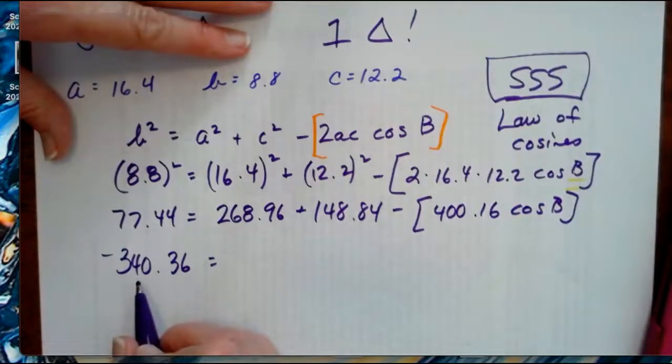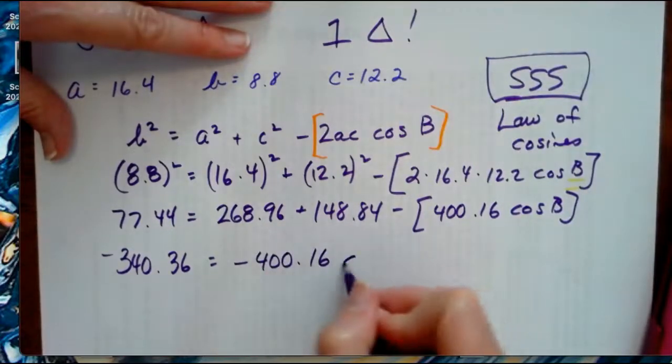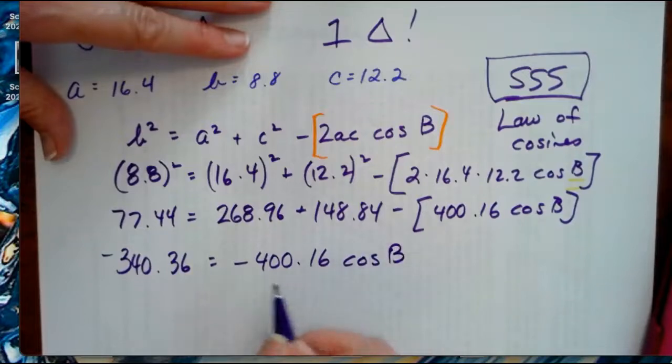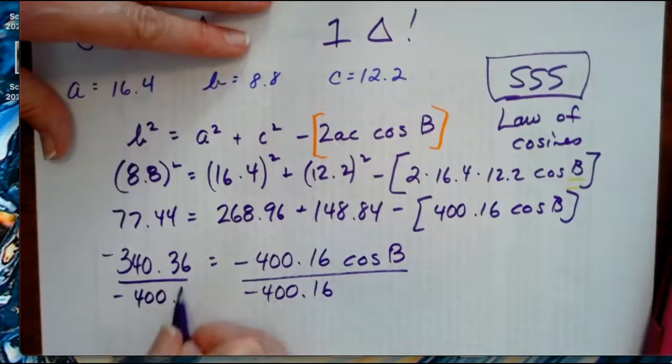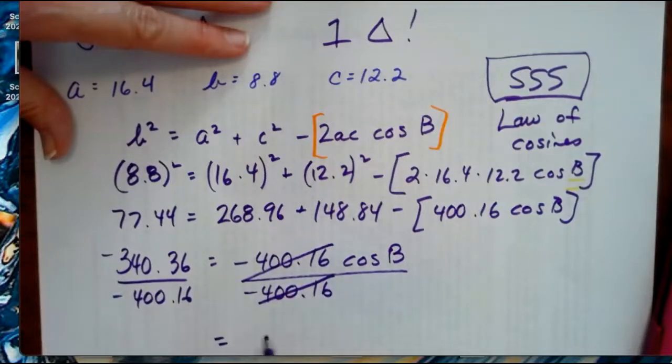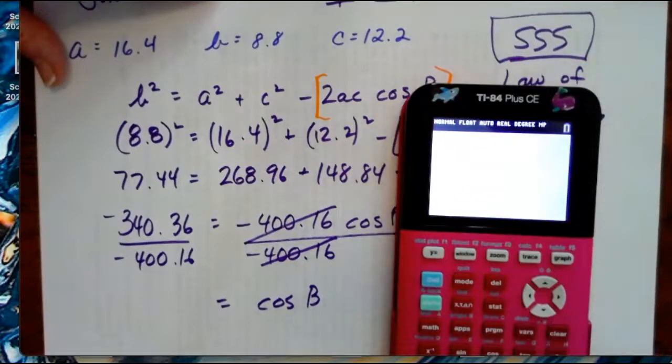So negative 340.36 equals negative 400.16 cosine b. So instead of adding that, we will be dividing by negative 400.16, and we will get the cosine of B. We will use an inverse cosine in just a second.